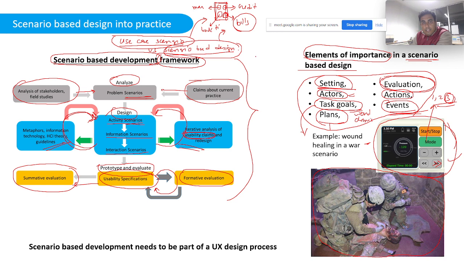In many fields these sort of techniques are used, and this only talks about the initial phase of user research. If you see in this particular framework, we are concerned about the user as well as his activities, his planning, his goal. So everything a particular user performs in a particular scenario.